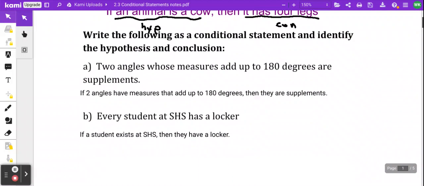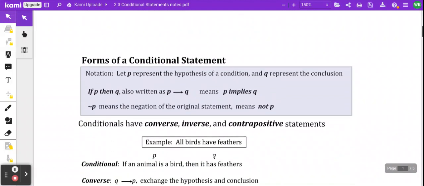Okay, now let's go to page 2. Forms of a conditional statement. In mathematics, we typically use symbols. So, notation: let P represent the hypothesis of a conditional and Q represent the conclusion.